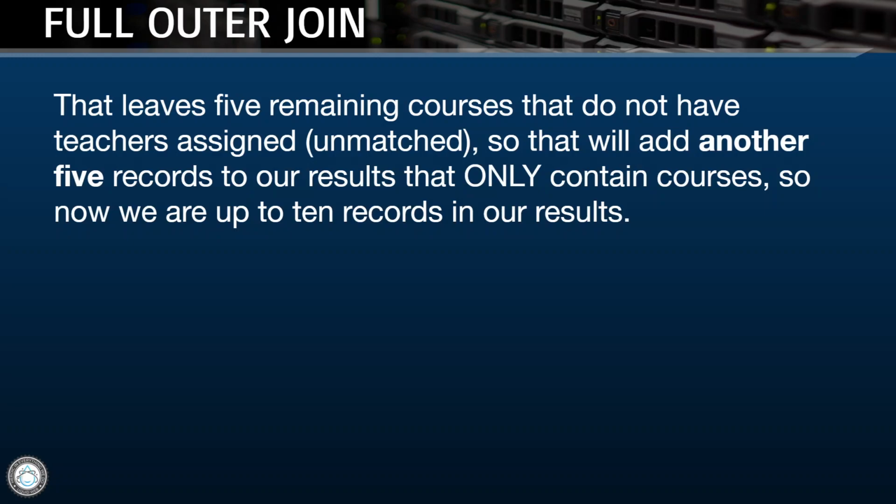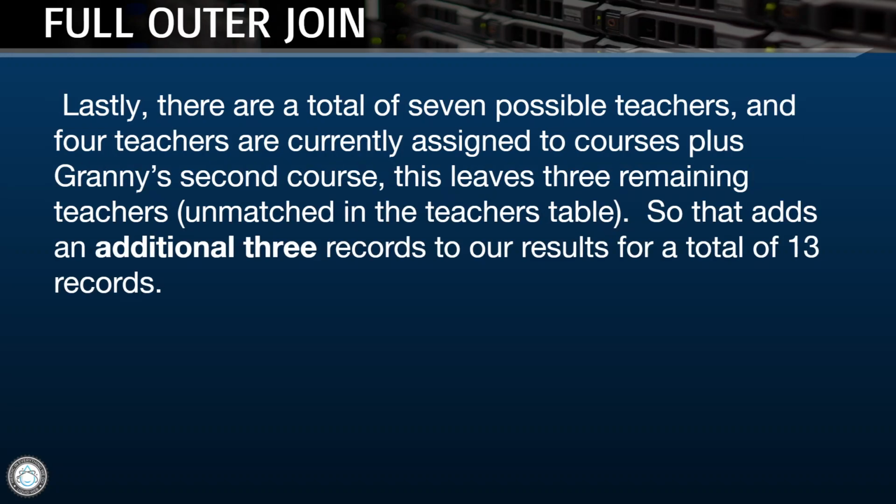That means there's 5 courses that do not have teachers assigned. These are the unmatched results. So now our running total is up to 10. 5 from before, from the matched and 5 from the unmatched.